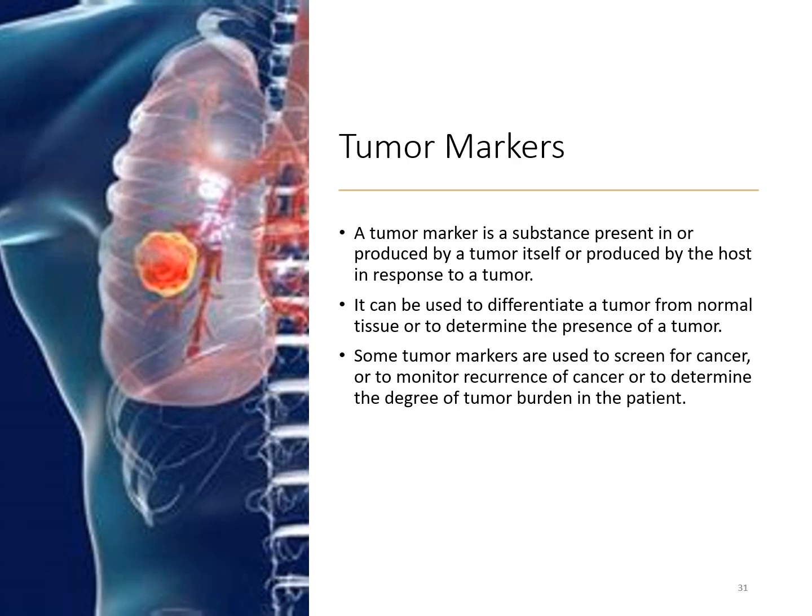A tumor marker is a substance that is present either in a tumor or it is produced by the tumor, or it could be something that is produced by the host in response to the tumor. And so it's often used to differentiate the types of tumor, to tell if it's a tumor versus normal tissue.